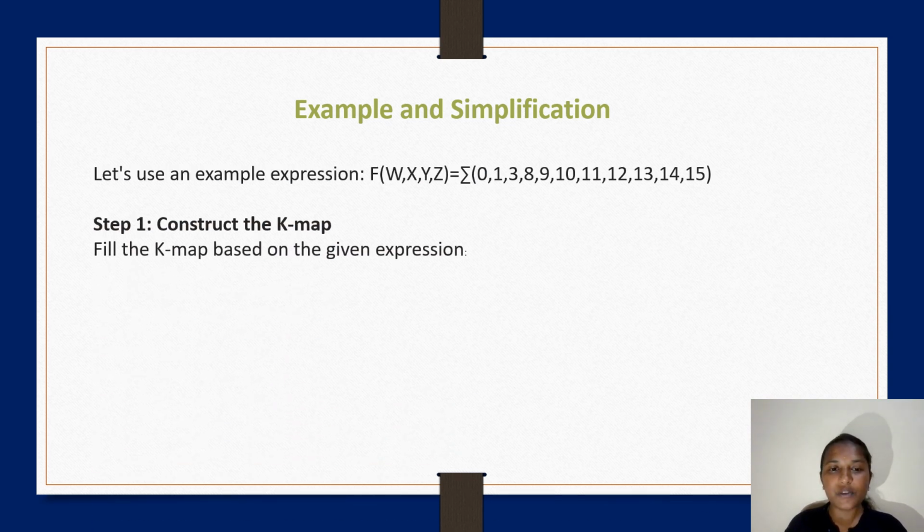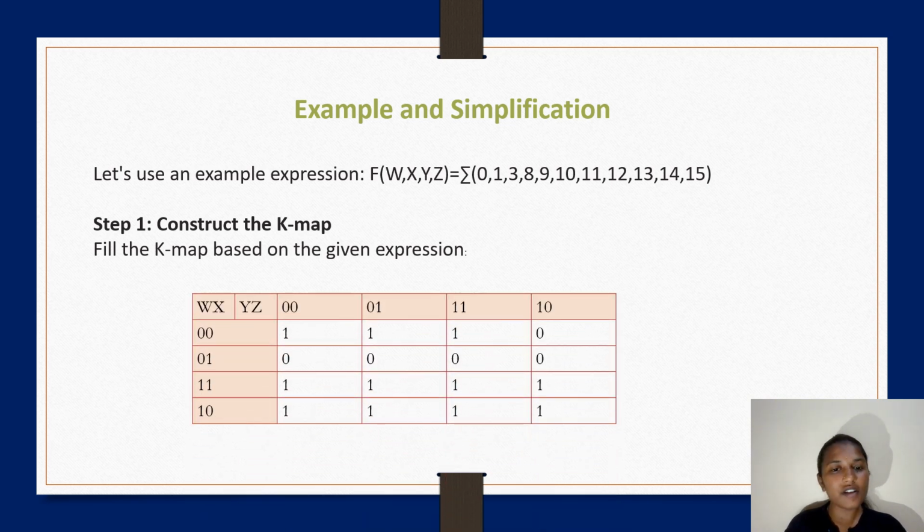Here is my expression f of w, x, y, z, which equals summation of 0, 1, 3, 8, 9, 10, 11, 12, 13, 14, 15. First step, we have to construct the K-map and fill it with the given expression, such that the cells 0, 1, 3, 8 and so on are filled with ones and the remaining cells are filled with zeros.